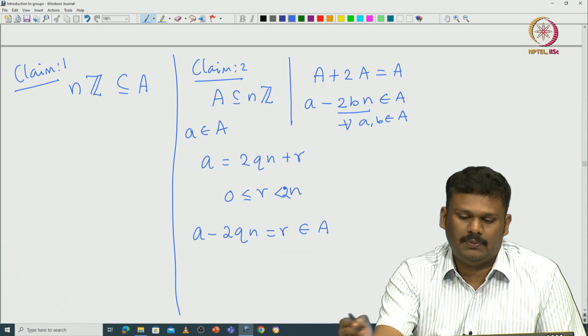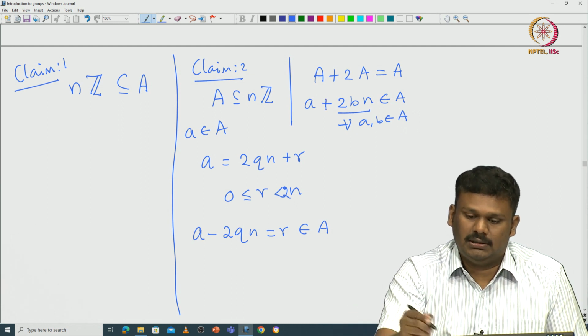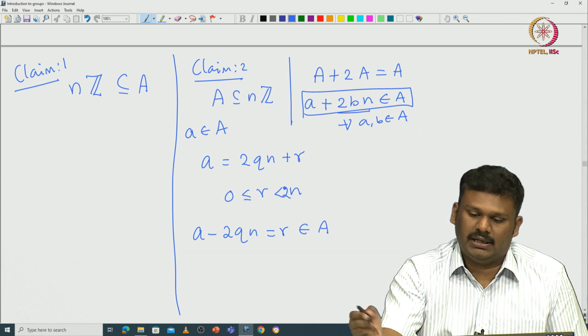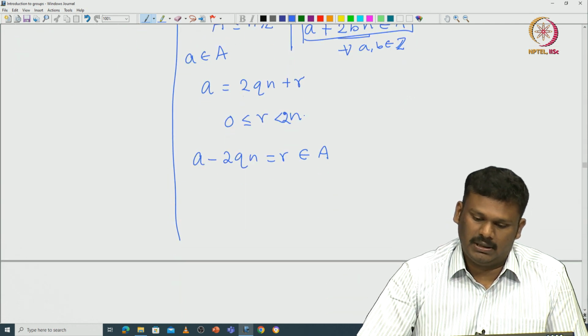Any even multiple, if I add or subtract, has to be inside capital A. So that means this r should be in capital A.